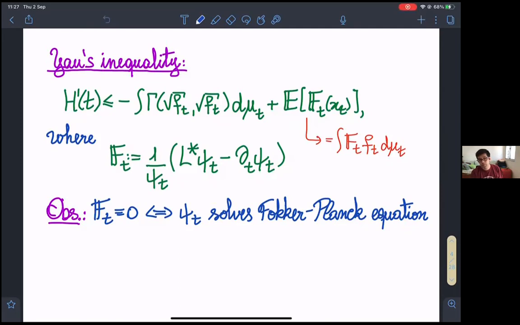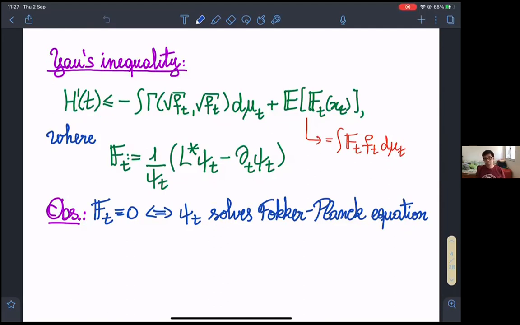Because we forget about the fact that f_t is the density of some process. We just say it's a positive function with integral equal to 1.